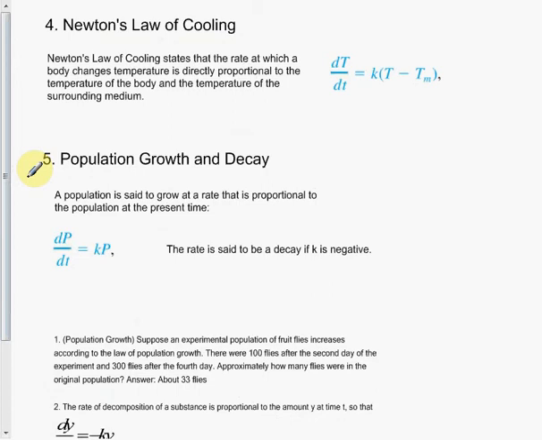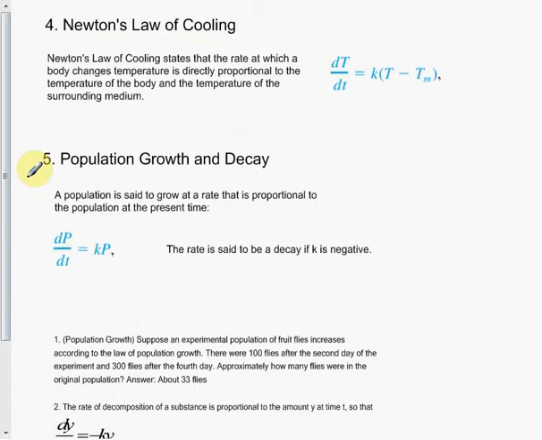So we can talk about population growth or decay. We still use the fundamental equation here that the rate of change of the population is said to be directly proportional to the population at the current time. Population here depends on t, depends on time. So we have population growth here for a positive coefficient.